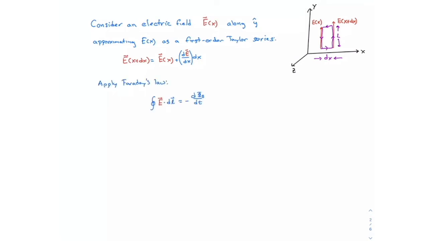Okay, so what I want to do is apply Faraday's law, which says that the integral of E dot dl, that's the EMF around the loop, is equal to minus the change in magnetic flux through the loop. So I'm going to have some magnetic field pointing through the loop that will be in the z direction.